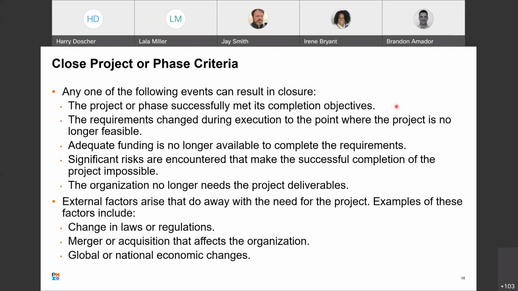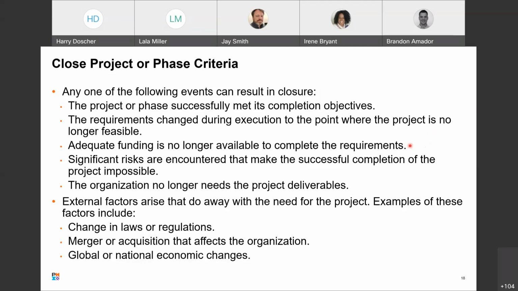And this can be something that has been a result of a change request or a reprioritization. If the requirements change during the phase and they change significantly to where the project is no longer feasible, then it may be necessary to just close out the project.